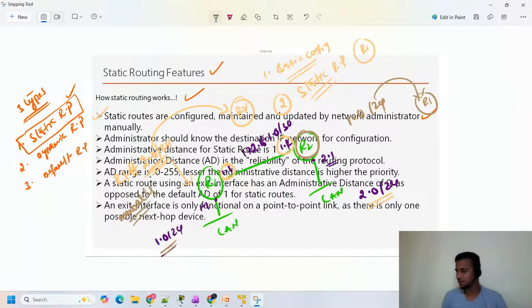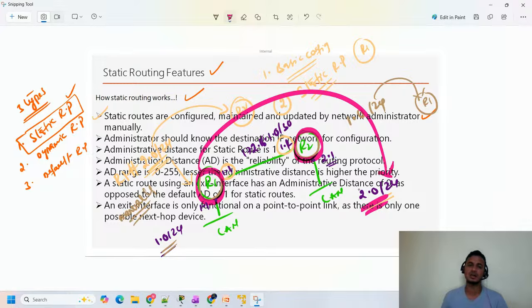As a network engineer or network administrator, you need to configure manually on the respective routers, the WAN-facing routers. From router 1, if you want to reach the 2.0 network, you need to specify the routes to reach there. Likewise, from router 2, if you want to reach the 1.0 network, you need to specify the route in that direction.